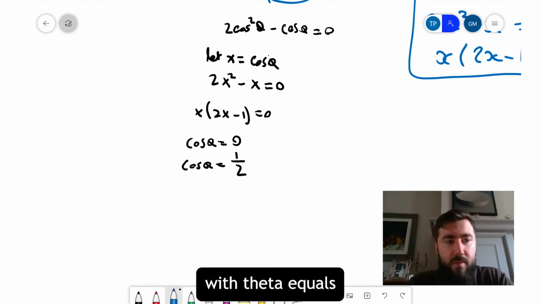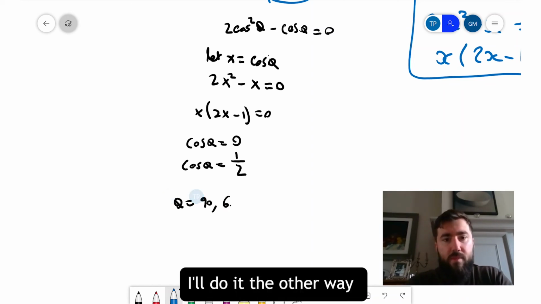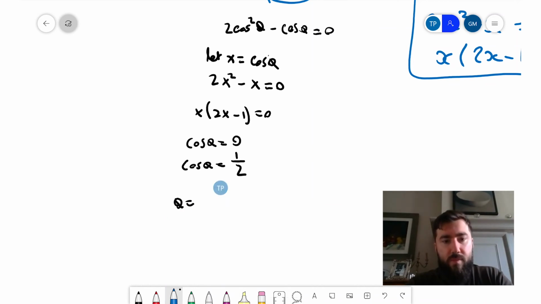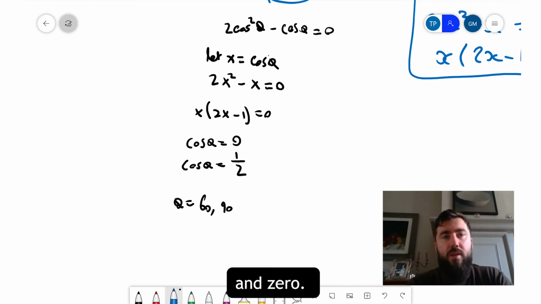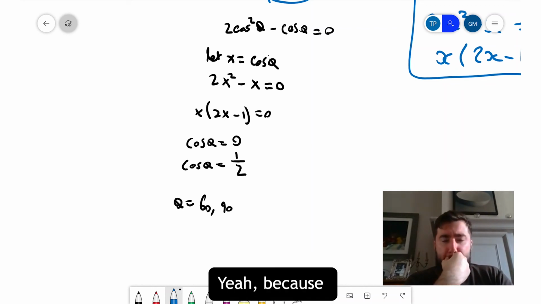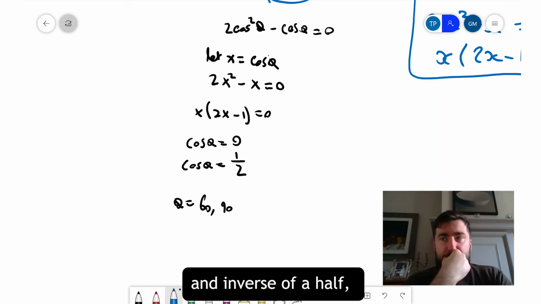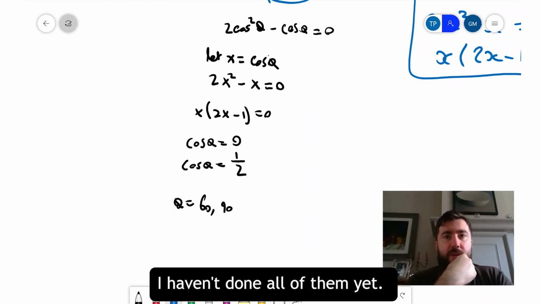So we'll end up with theta equals 60 and 90, from the inverse of a half and the inverse of 0. And then I'm going to do the other ones. I haven't done all of them yet.